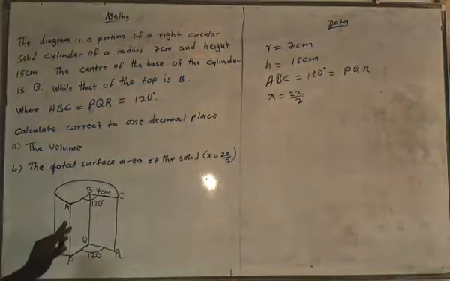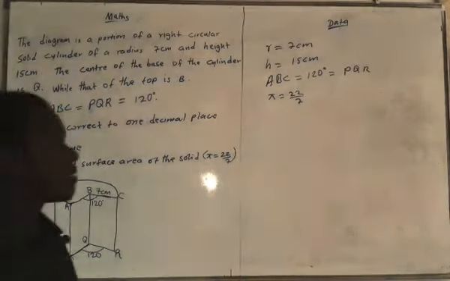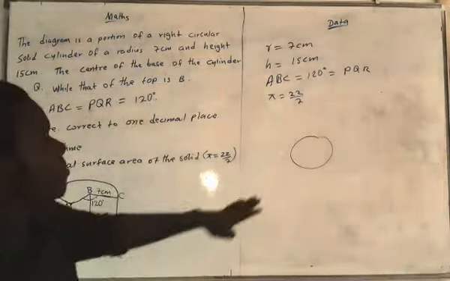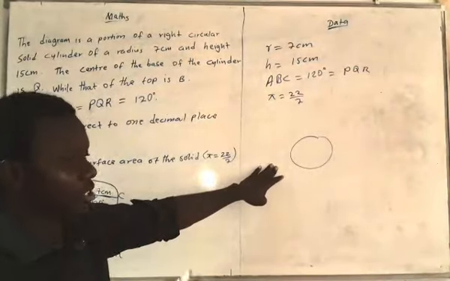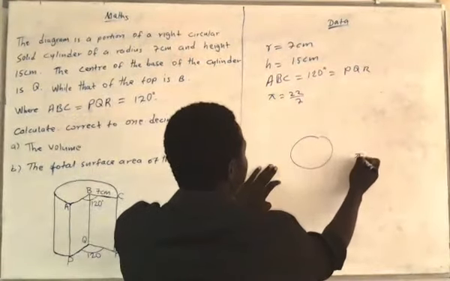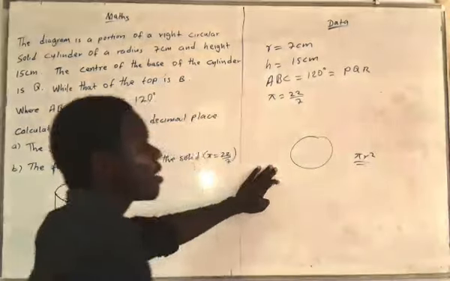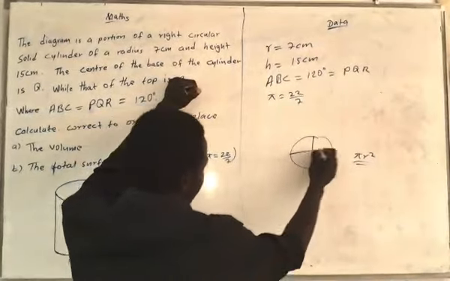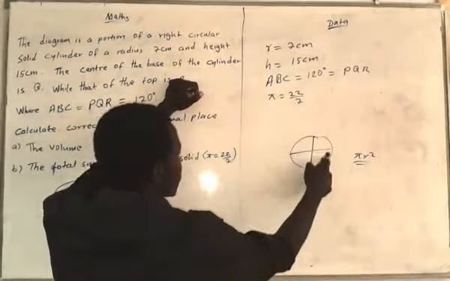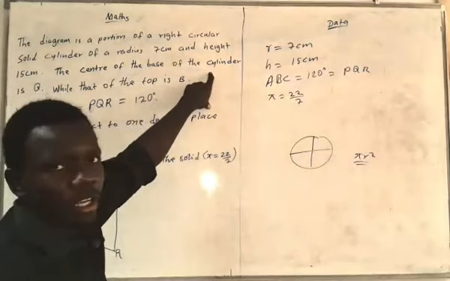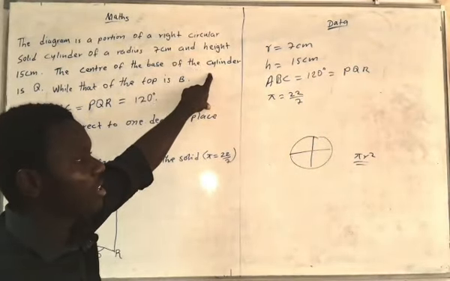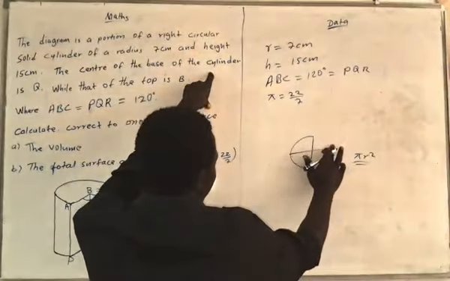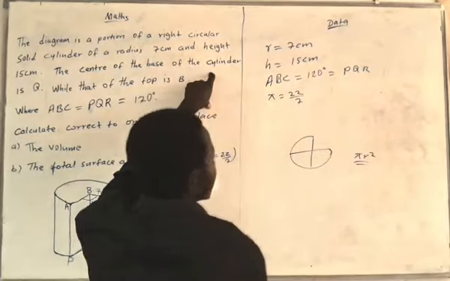Alright, before I solve this question, I just want to explain something. If you have a circle like this, and we are asked to find the area of this circle, we just go straight: pi r square. But let's say this circle was divided into 4 equal sections, and one of the portions was removed, and only this remains.